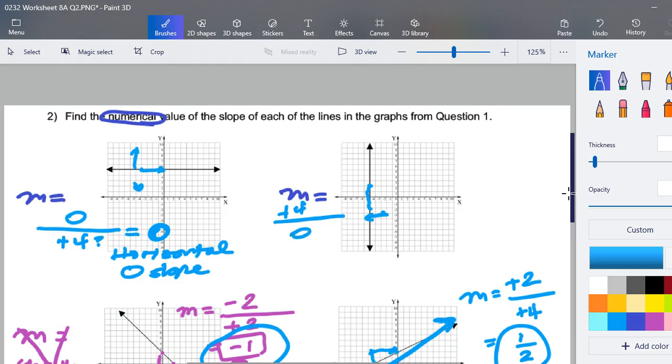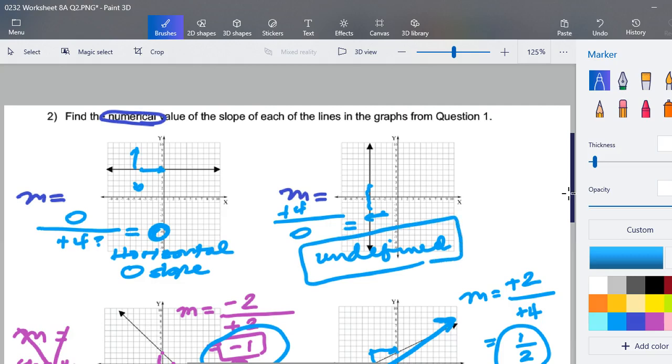Well, none. And then the alarms start going off, because when you try to divide by 0, it is undefined. It ain't happening. So any vertical line, if they ask you what's the numerical value, you say the numerical value is undefined.